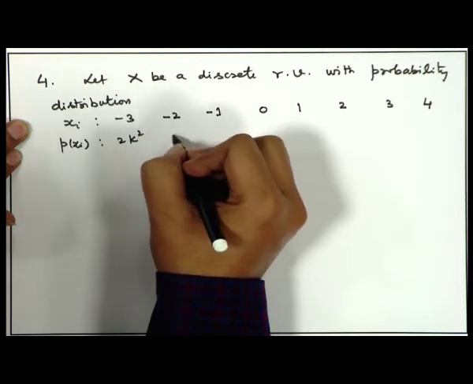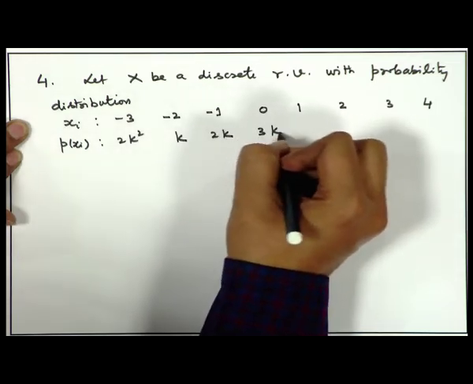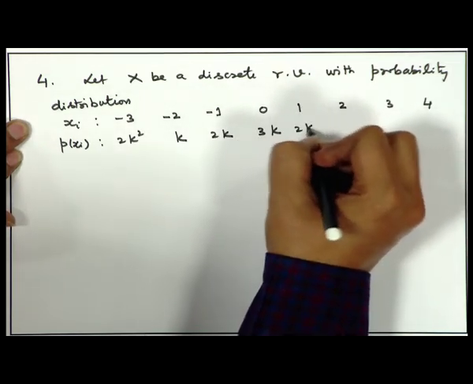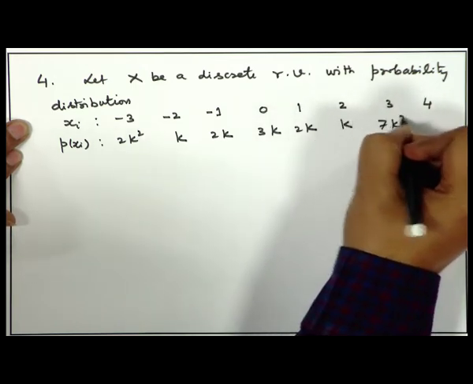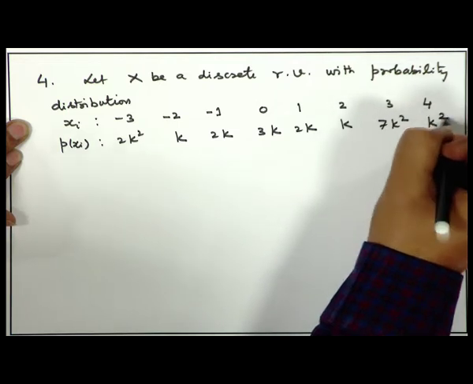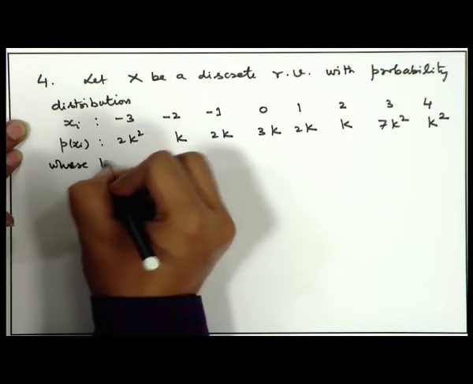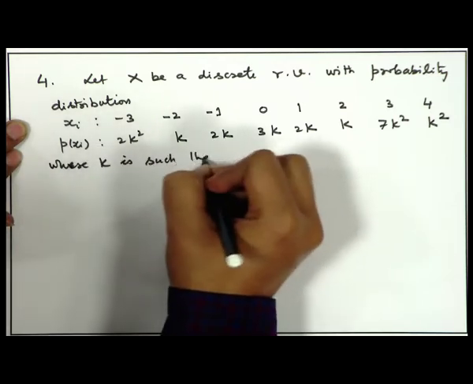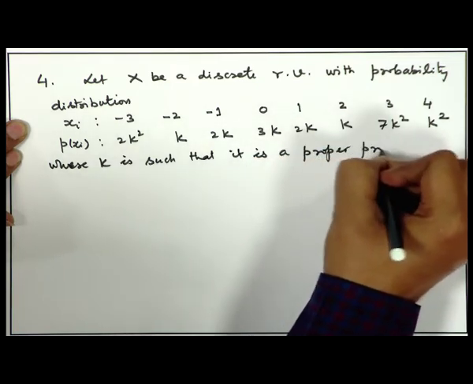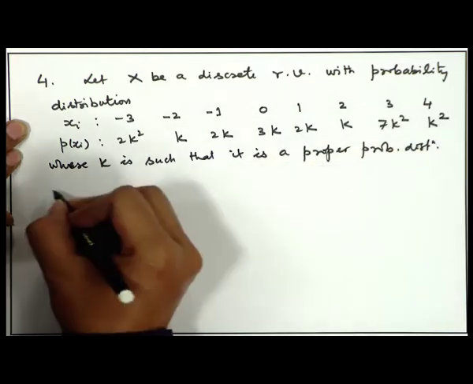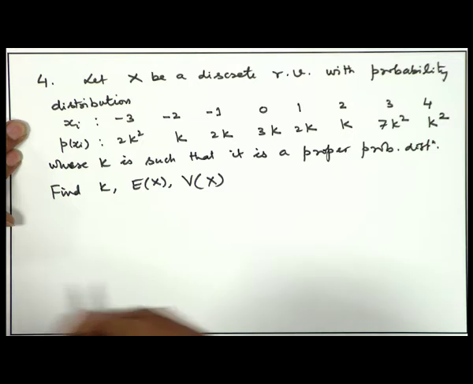For minus 2 the probability is k, for minus 1 the probability is 2k, for 0 the probability is 3k, for 1 the probability is 2k, for 2 the probability is k, for 3 the probability is 7k², and for 4 the probability is k², where k is such that it is a proper probability distribution. You have to find k, expectation of x and variance of x.